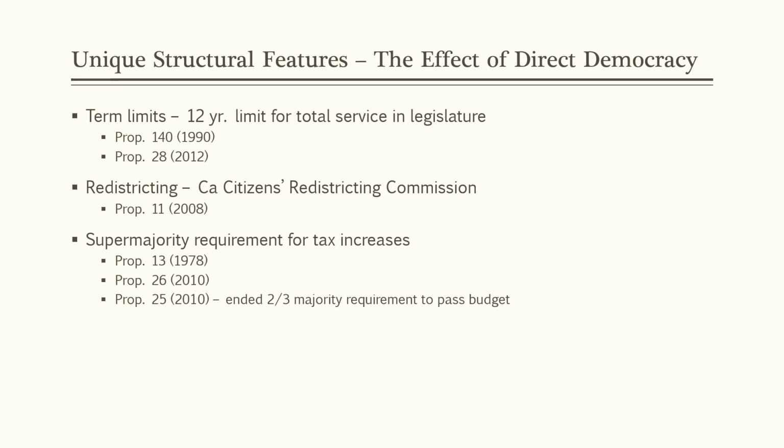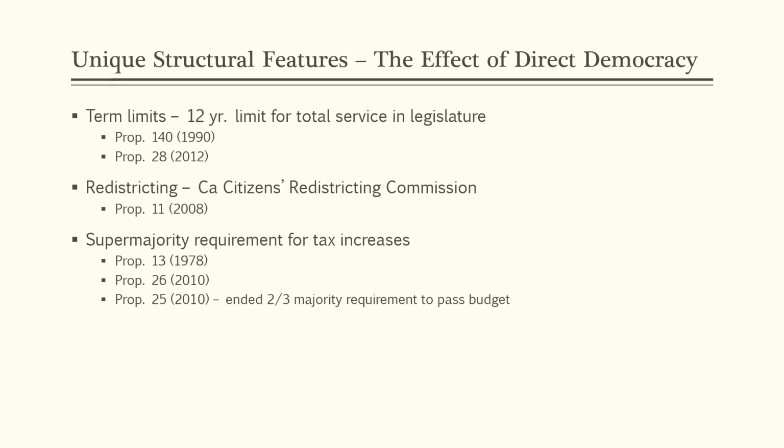Finally, California voters in a number of different ballot initiatives or propositions have put into place supermajority requirements for changes. And right now we have supermajority requirements for tax increases only. And those were originally put into place through Proposition 13 in the year 1978.